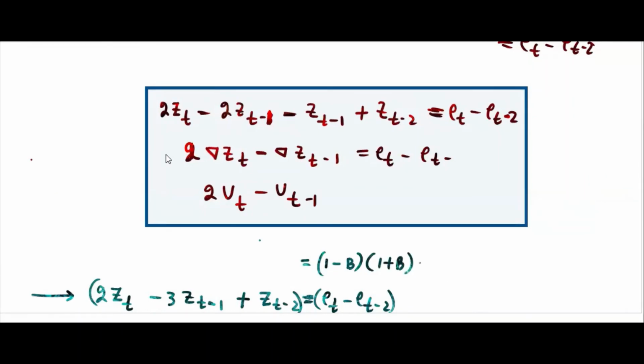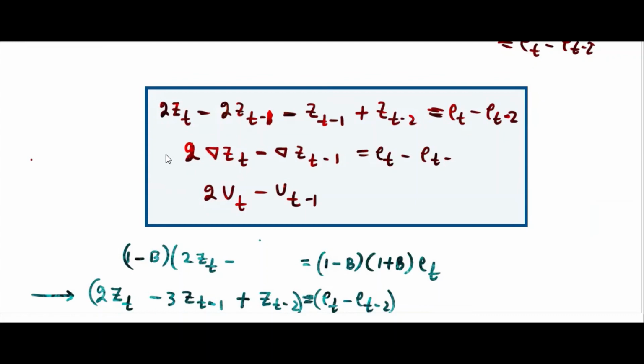You need to cancel this one before going to the next stage, okay. So if you take 1 minus B common here, whatever we got here, maybe 2 z_t minus, if you write using B this one, so that 1 minus B factor you need to cancel, okay.